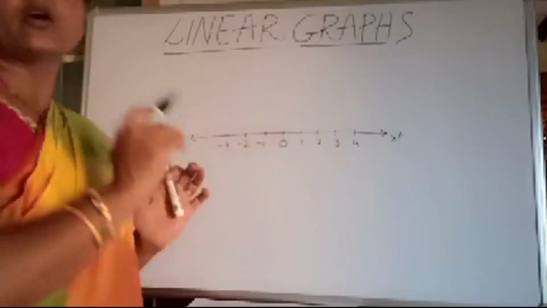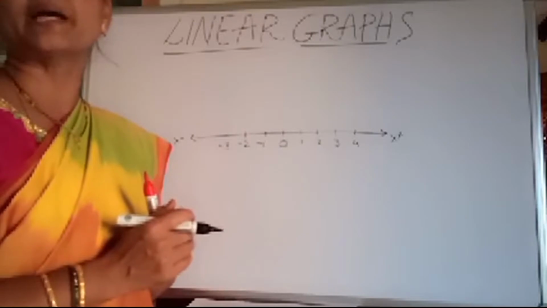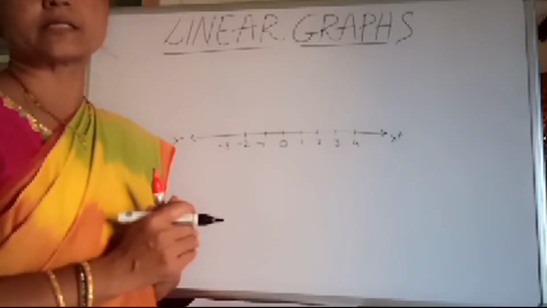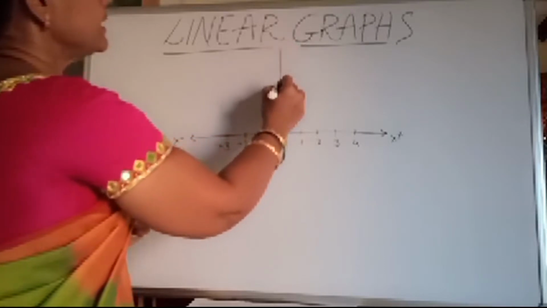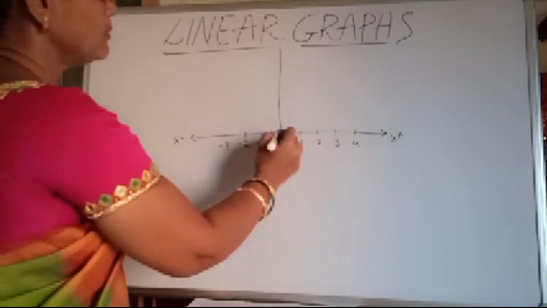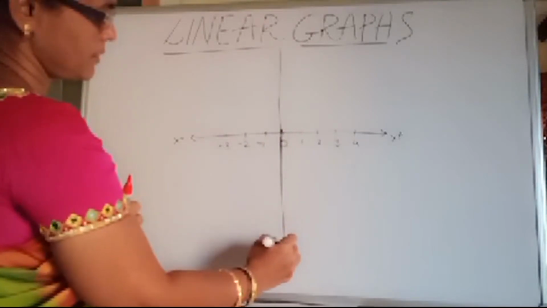Now, don't think the number line should always be horizontal. We can also have a vertical number line, which we call the y-axis. The x-axis and y-axis intersect at the point O, I mean 0.